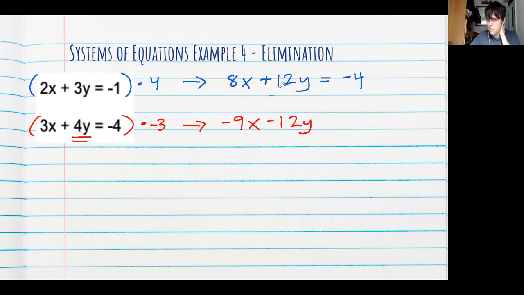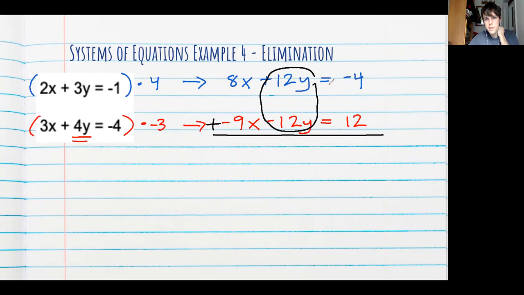Now we have what we wanted. We have 12y, -12y. Those are going to cancel when we add them together. And then -3 times -4 is actually +12. All right, now we can add these together, and we already know these are going to eliminate because we have a +12y and a -12y.